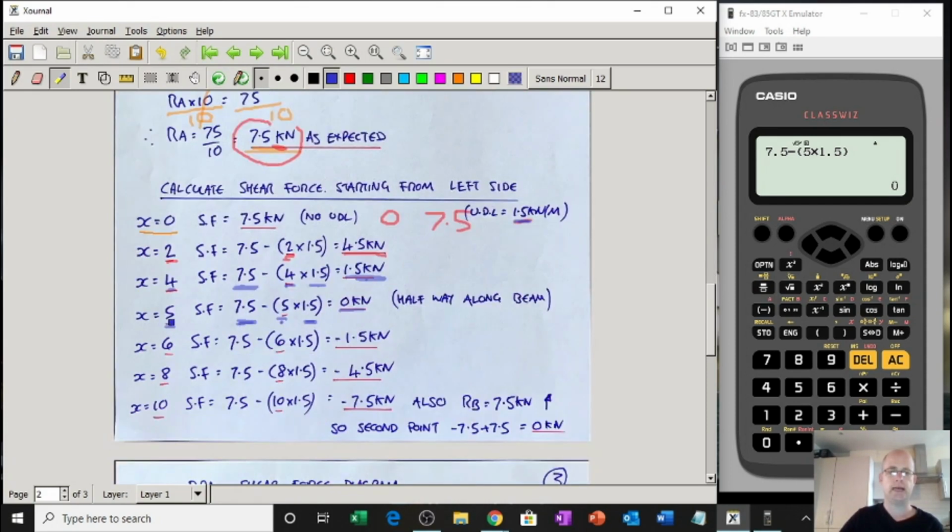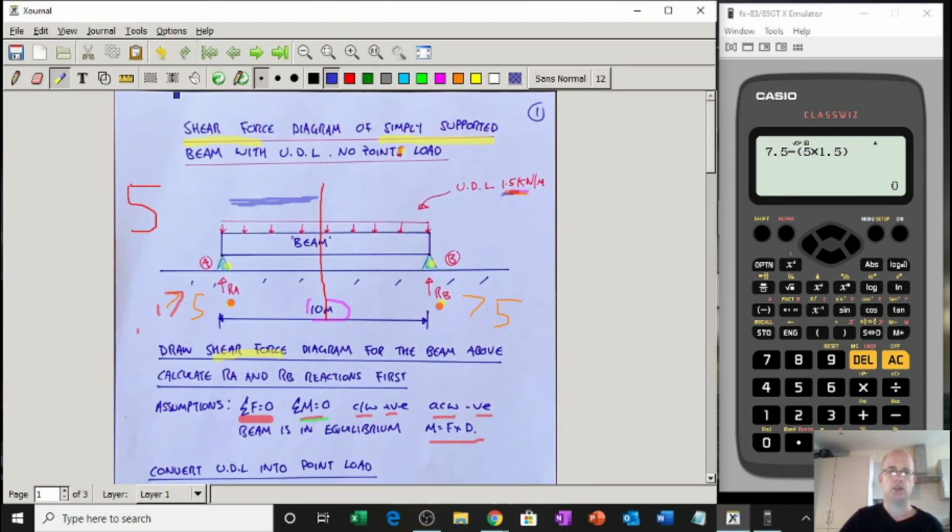So I've done x equals 5, naught, I go to x equals 6. It's quite easy now, we'll just carry on. At x equals 6, I'm just looking at what I can see at x equals 6. So 6 is here somewhere. Ignore the rest. All I can see is 6 meters worth of 1.5, and this 7.5 is still there.